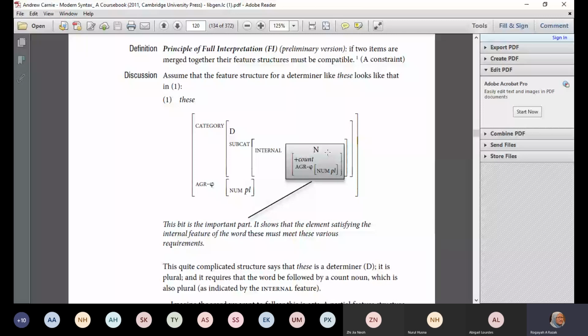It has features plus count, and then it has agreement alpha, which is number, and number, which is plural. So this bit is the important part. It shows that the element satisfying the internal feature of the word, these, must meet these various requirements. So whatever word that comes after this will have to follow this feature notation. Okay.